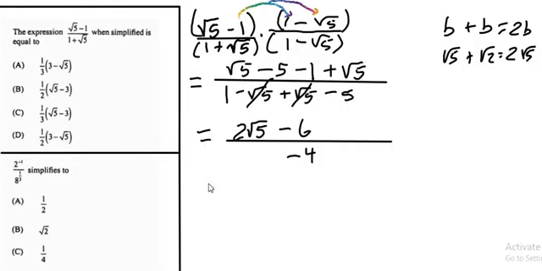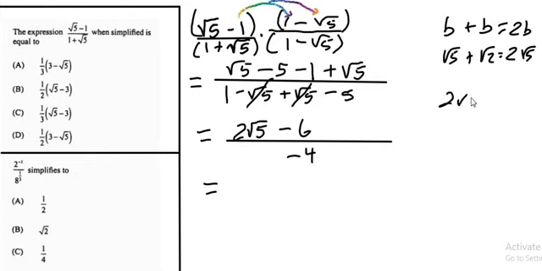And we go to the next step. What will happen here? It will be hard for us to subtract 6 from 2 root 5 just like that, right? But we don't want to use any calculator. What we could do is simplify. Now, I'm going to divide each term by a common factor. What can enter 2 root 5, 6, and 4? Well, you're correct, 2.